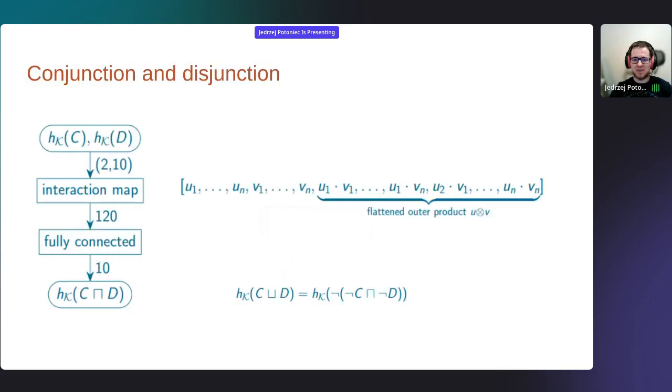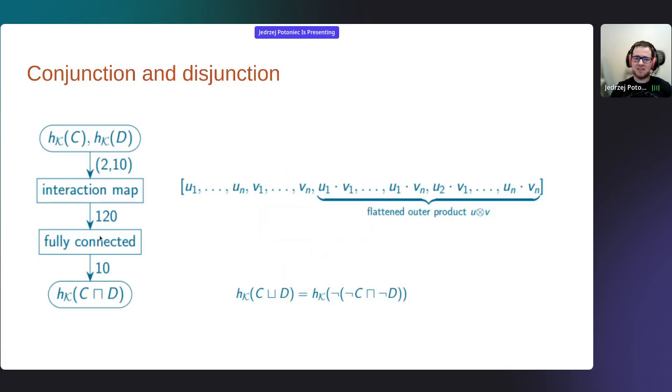Conjunction and disjunction were realized jointly. We have again a single linear layer to represent the neural counterpart for the conjunction, and it outputs an embedding of size 10 for C and D, given as its input two embeddings for the concept C and for the concept D. We do a small trick here.